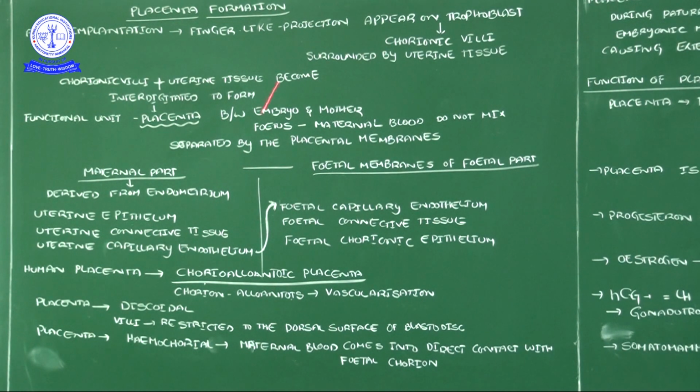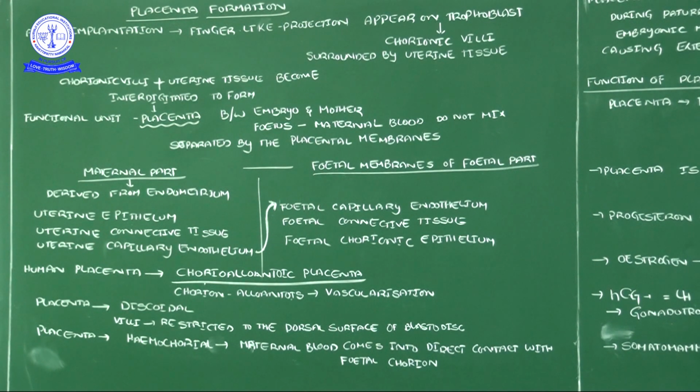From these membranes onwards, exchange happens by the diffusion process, just as gases diffuse in the lungs, or oxygen and carbon dioxide are exchanged in the gills and lungs. The same process applies here. This is about the maternal and fetal parts. Finally, these 6 membranes form a structural unit, and that is the placenta.